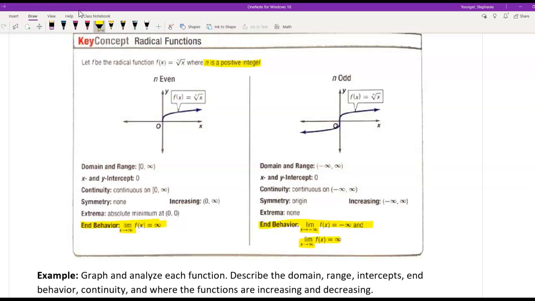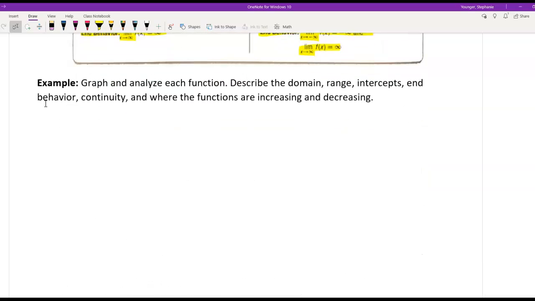The limit of f of x as x approaches negative infinity is negative infinity, and the limit of f of x as x approaches positive infinity is positive infinity. Once again, this is something you need to write down. Take a moment, pause the video, circle it, put big exclamation points. This is something you need to remember.